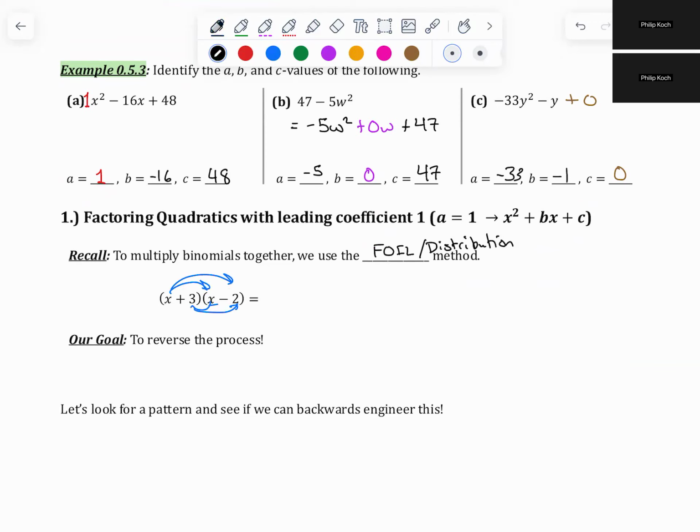We get x squared minus 2x plus 3x minus 6, which can simplify down to x squared plus x minus 6. So our goal is to reverse this process. How do we go from x squared plus x minus 6 to x plus 3 times x minus 2? What can we do to figure that out?